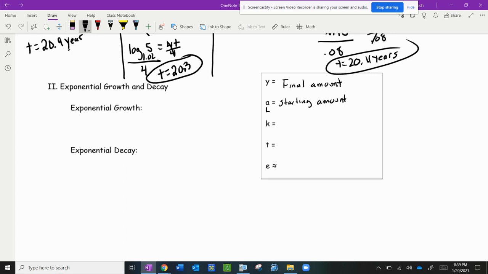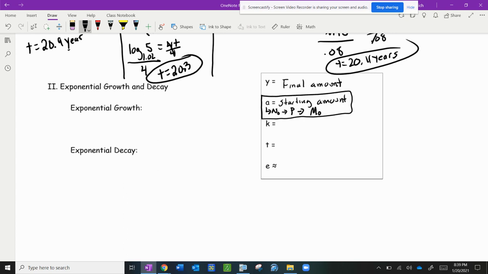Sometimes they use a, sometimes they use n naught, meaning initial, and sometimes they still use P. Or there's one that's m naught. We'll talk about all of those, but these all mean the same thing, starting amount, and they're in the same position of the equation.